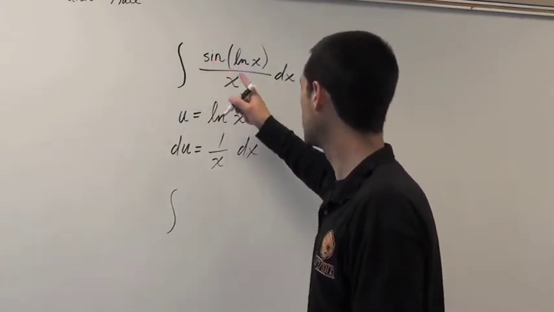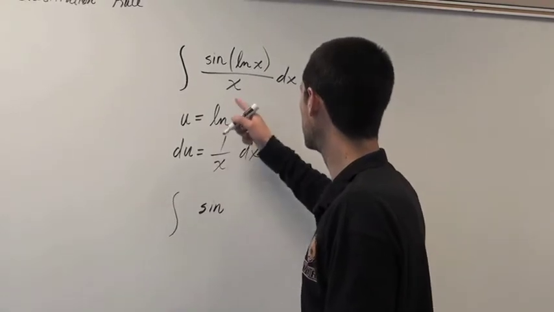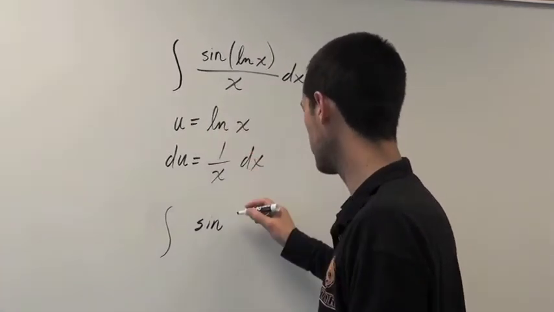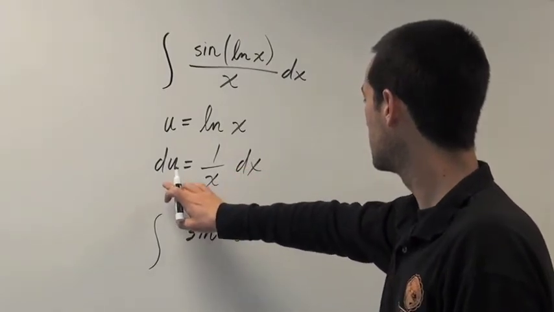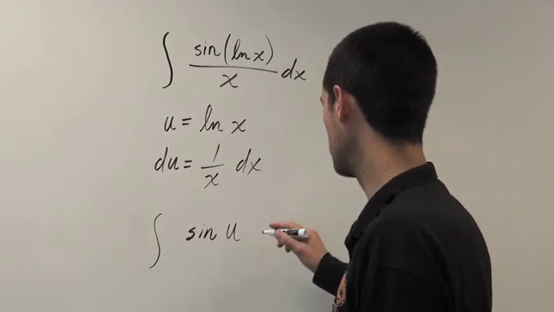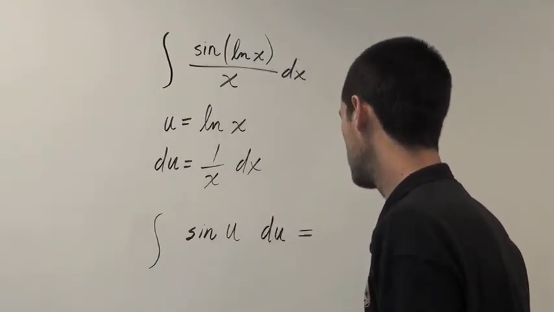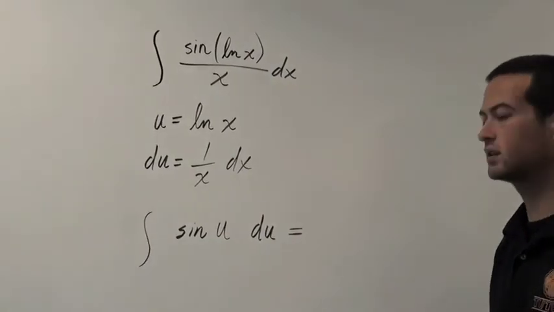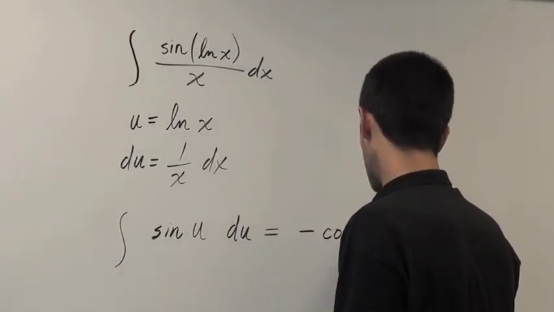So we have the sine of ln of x, which, since u is ln of x, is sine of u. And then the 1 over x dx is equivalent to du, so what we write is du in here. So what's the integral of sine of u? That's negative cosine of u.